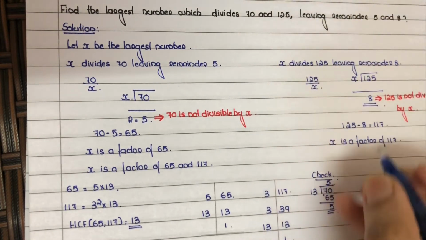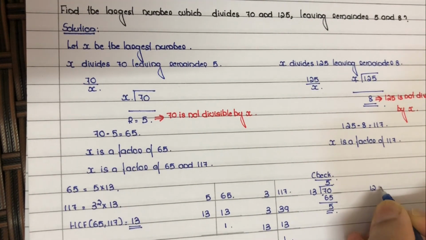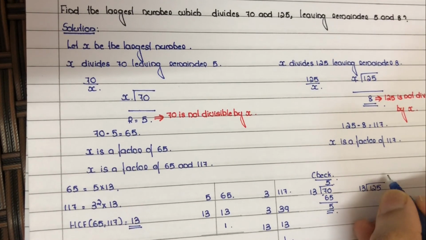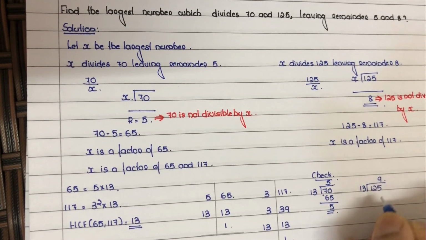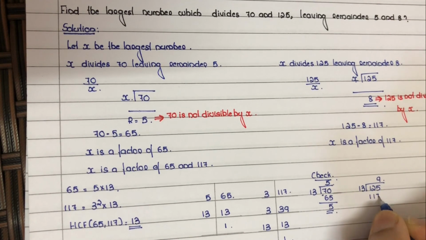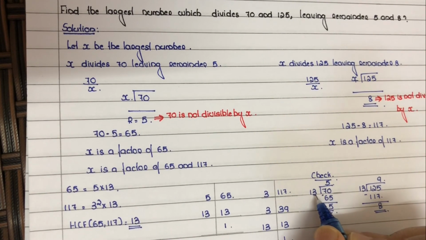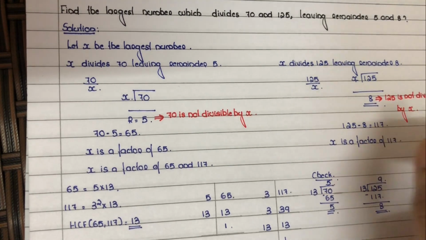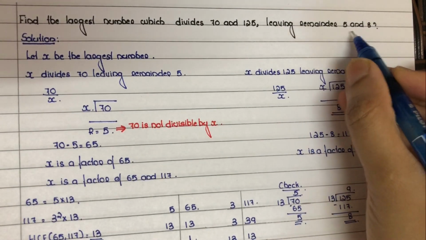Similarly 125. 125 divided by 13, 9 times 13 is 117, 125 minus 117, 8. Okay. So when you divide 70 by 13, here remainder we got it as 5. And 125 by 13, remainder as 8. Leaving remainder 5 and 8.